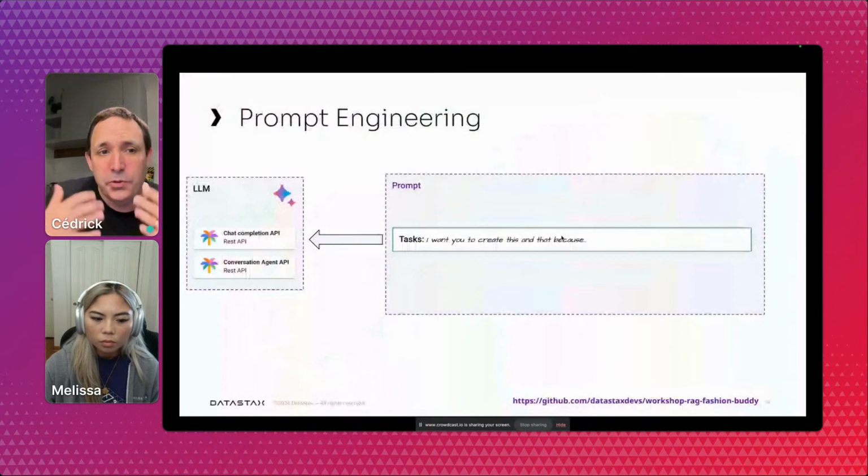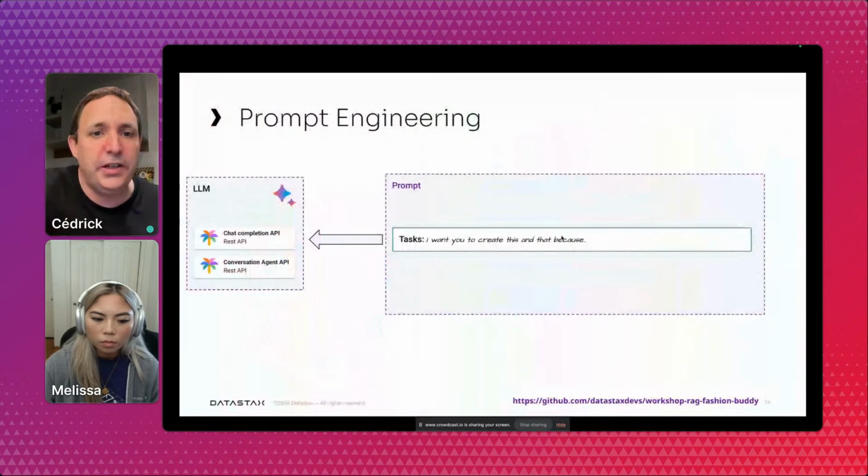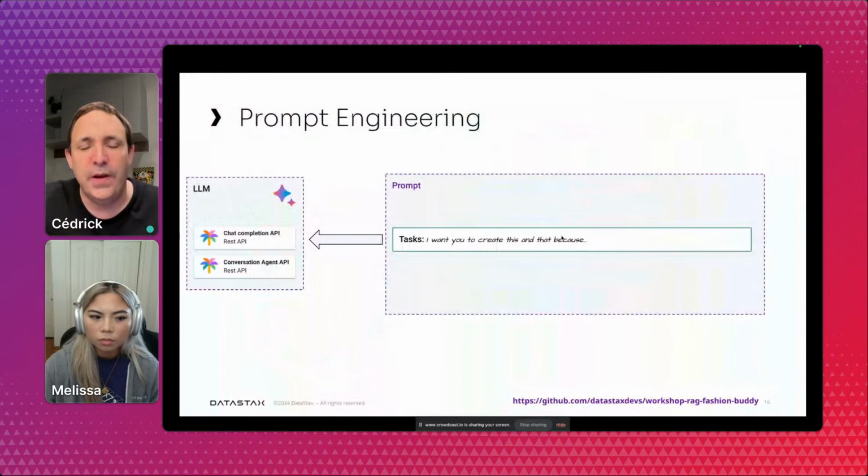Okay, so when you interact with your LLM, you are doing a prompt. So what is a good prompt? Just asking the question to the LLM is not enough. You can iterate, and you iterate a lot before finding something super easy to do. So there is a methodology called prompt engineering to help you ask the question to the LLM. And it's not rocket science.